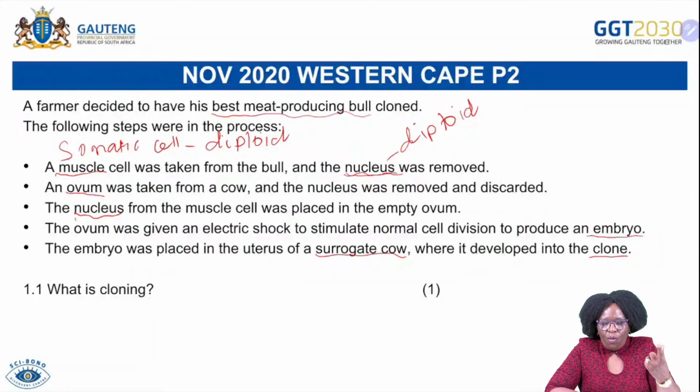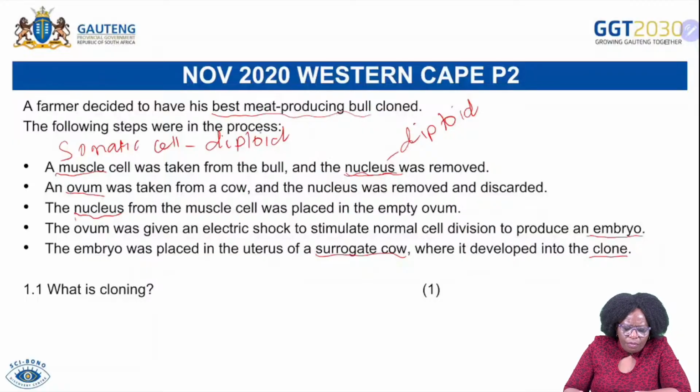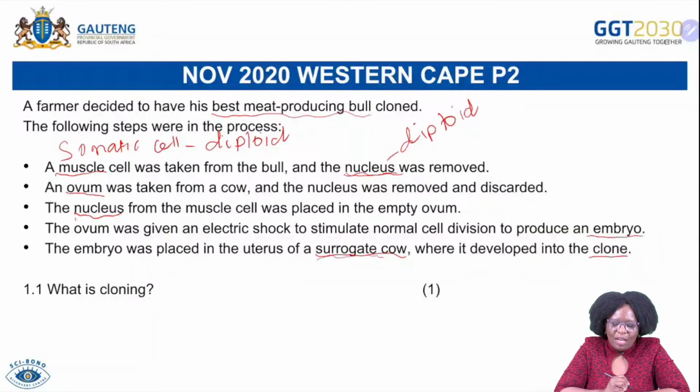Then we've got the cow, in which the ovum is removed, but the nucleus is discarded, thrown away. And because now the ovum is a gamete, it means that it has got haploid number of chromosomes, half the number of chromosomes. So now the third one that is involved is the surrogate cow.